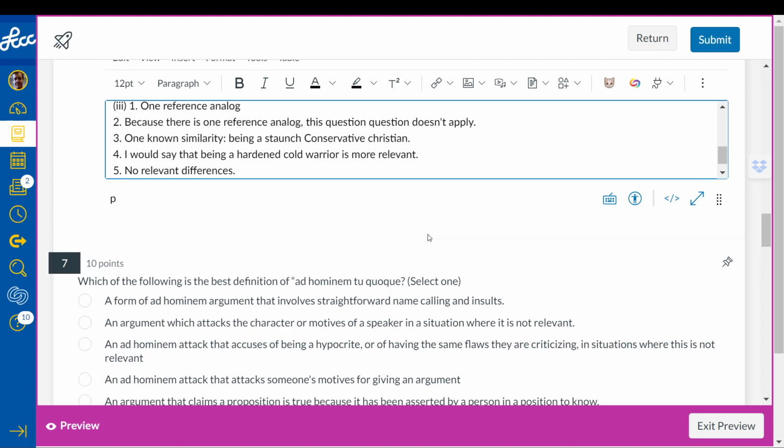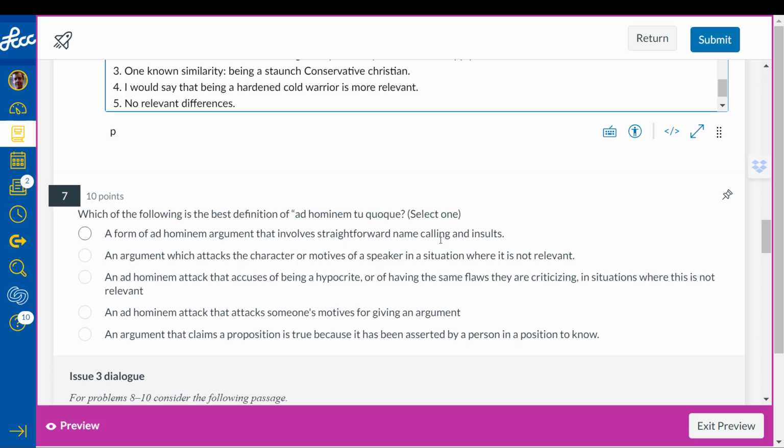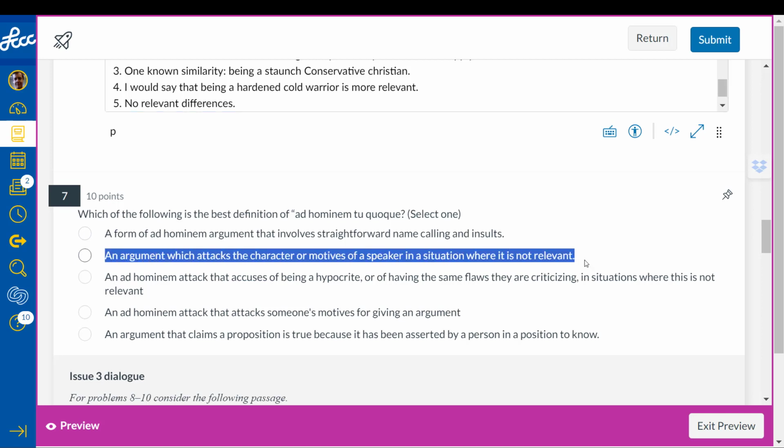7. What is the best definition of ad hominem tu quoque? To move this along, I'm not going to find this slide, but this is going to be in your class 10 PowerPoint. So ad hominem is an attack on a person when it's not relevant, right? And so we can see that the second item here is the general definition of an ad hominem. We know it's not that.